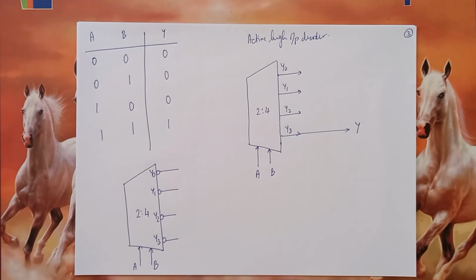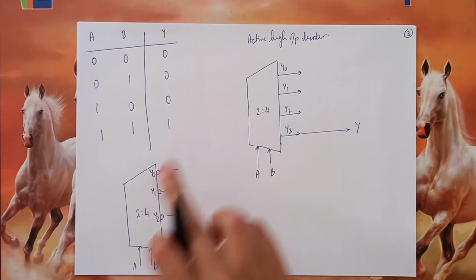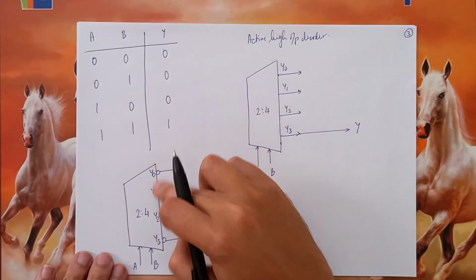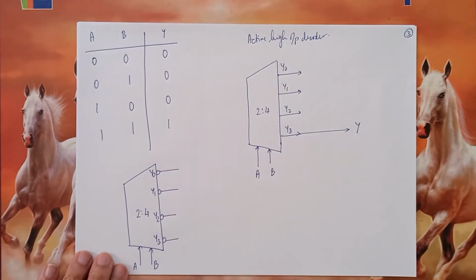One way to look at it is, when we are looking at active low outputs, let us look for those conditions when the output lines become 0. That's one way to look at it.